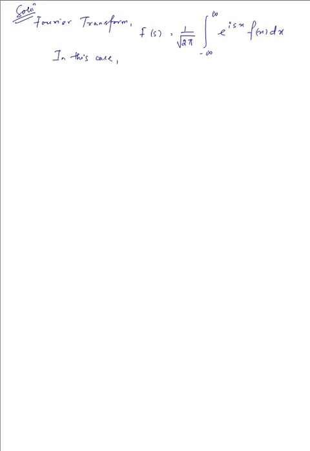So I'm rewriting this, of course. In this case we have f operating on f, and what it is doing to it is that it is noted as f tilde of x, and what we have over here is from minus infinity to plus infinity.